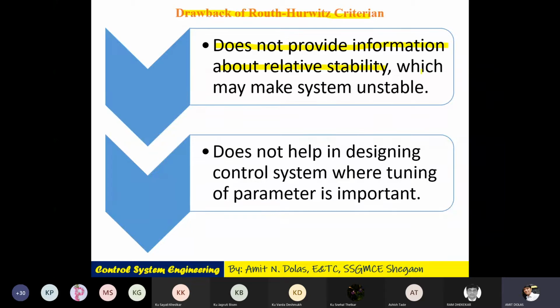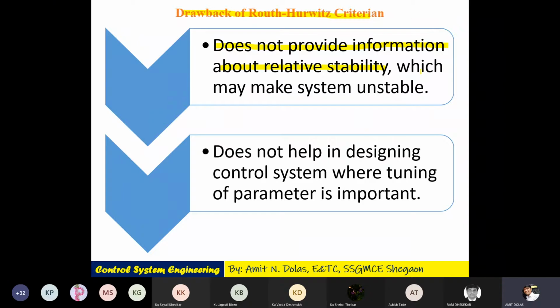We have seen in the previous lecture, yesterday's lecture, an example of an air conditioner. Suppose a complex pole is located at minus 0.1 plus or minus j. Minus 0.1 means it is very close to the imaginary axis, and if there is some disturbance or power failure, it may suddenly go to the unstable region, that is, the right hand side of the imaginary axis.